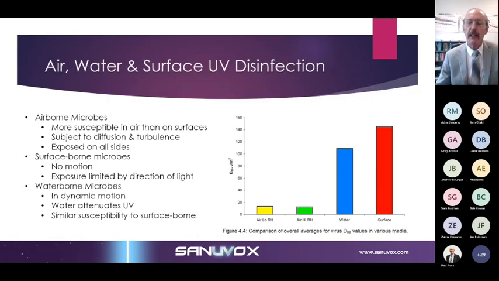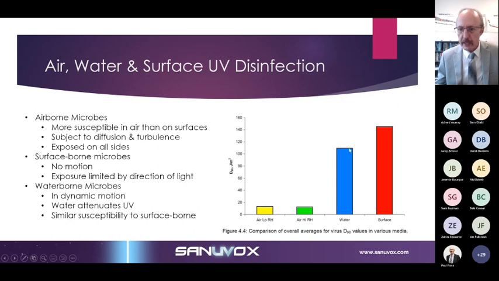So let's compare air, water, and surface UV disinfection. We can see on the table on the right, which is an average of D90 values of viruses. For viruses in air, they don't vary much. Bacteria do, but not viruses. We get approximately the same kill rates at high relative humidity and low relative humidity.